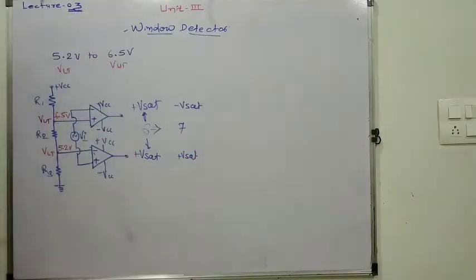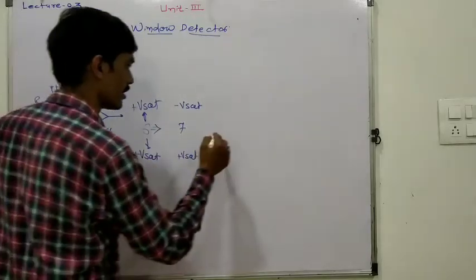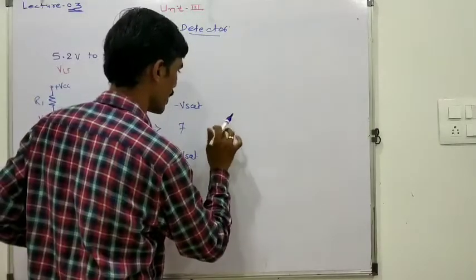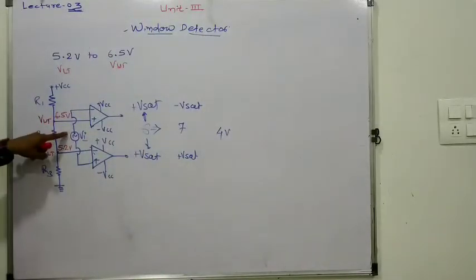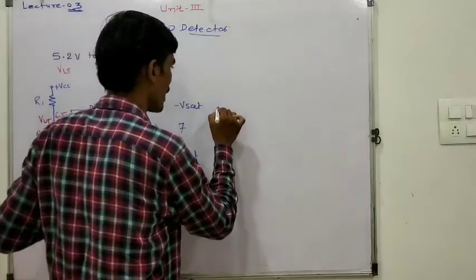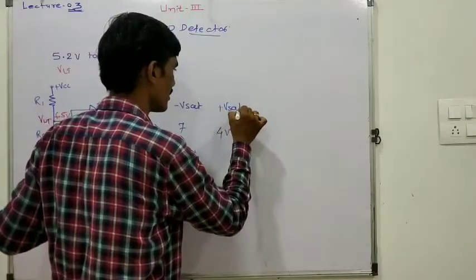Is it right? Now the third possible condition, if the input is less than 5.2, let us take 4 volt as an input voltage. It is less than 6.5, obviously, so we are getting plus Vsat.